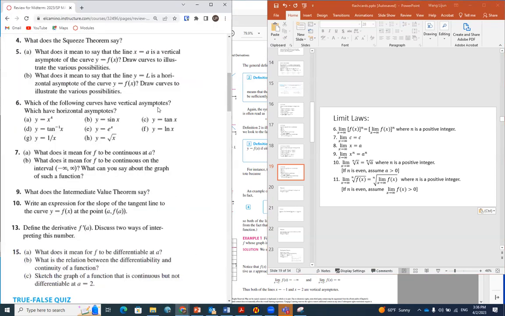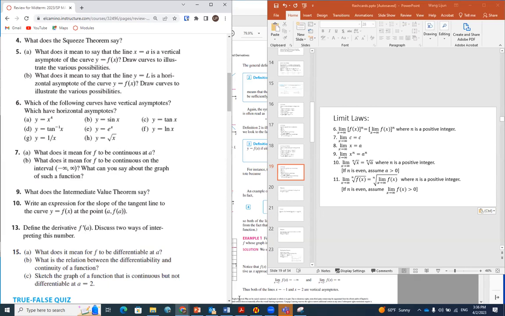more, right? So horizontal asymptote and vertical asymptotes are discussed. So we have examples, and number 6 is continue the question, right? x to the power 4, sine x, tangent x, arctan, e to the power x, y equals ln x, 1 over x, y equals square root of x, right?